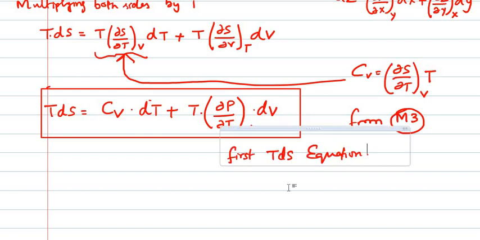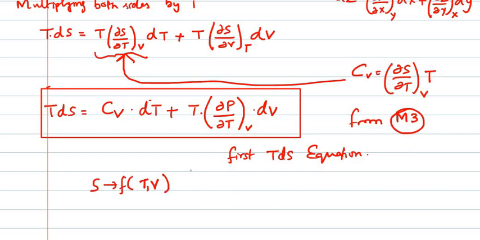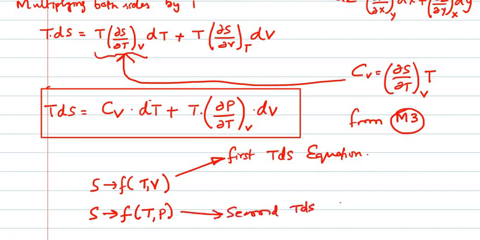So how did we derive this equation? We have taken entropy as a function of temperature and volume and derived this first TDS equation. Similarly, we can take entropy as a function of temperature and pressure, and then we can get the second TDS equation.